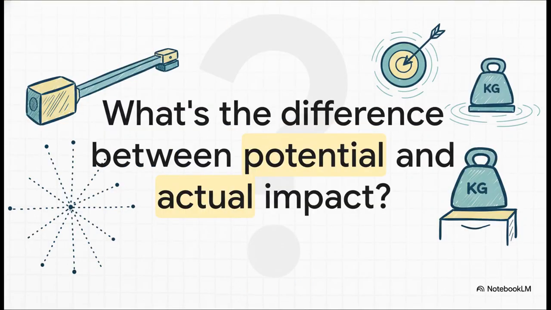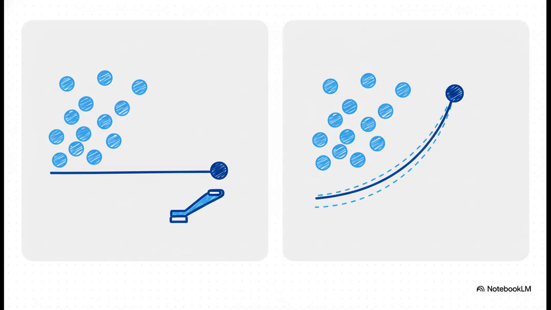But here's where it gets a little tricky, because not every point that looks extreme is actually influential. So we have to ask, what's the real difference between a point that could have a big impact and one that actually does? This is the crucial distinction between leverage and influence. A point has high leverage if its x value is way out there, far from the average of all the other x values.